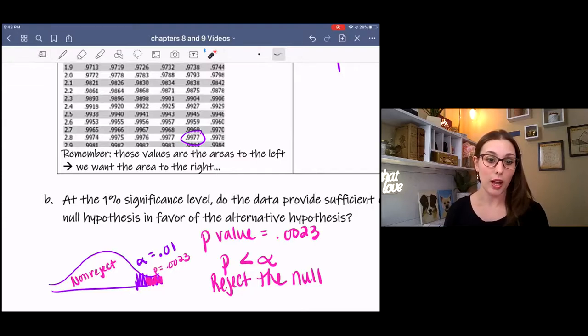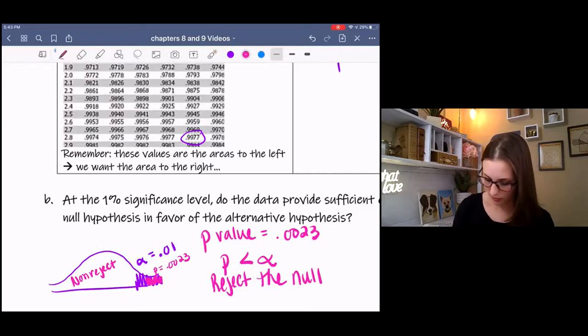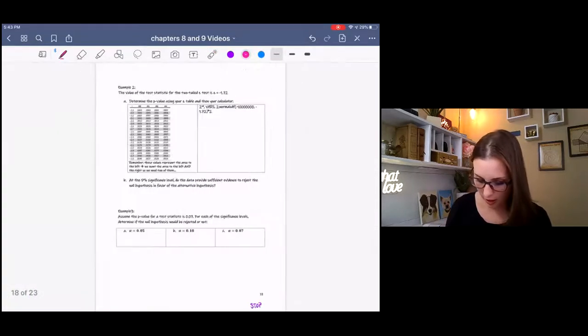And that means that we have enough evidence to reject the null. Moving on. That got confusing with the z-score thing.